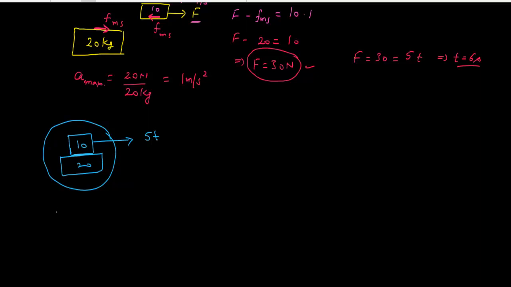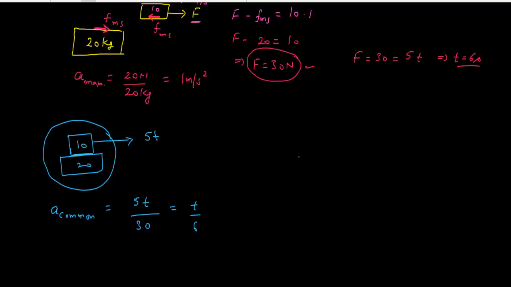So the common acceleration of the blocks is the applied force divided by the mass of the system. So it gives us t by 6.